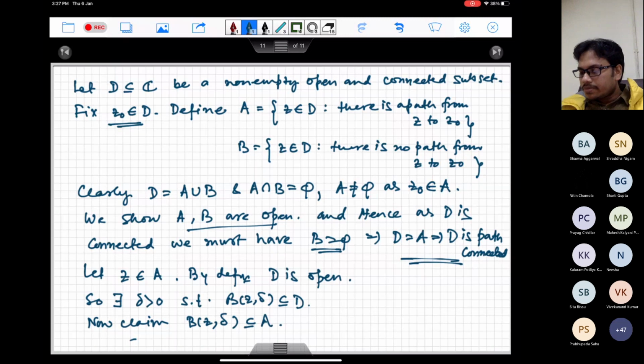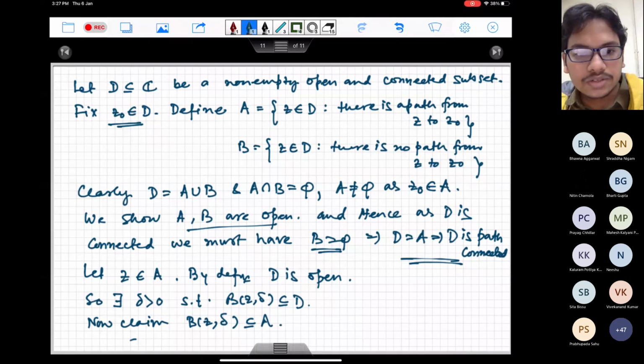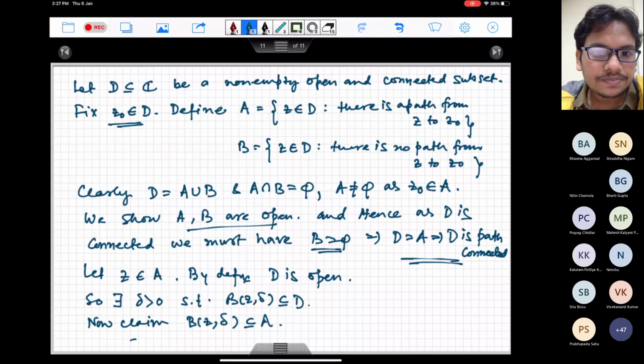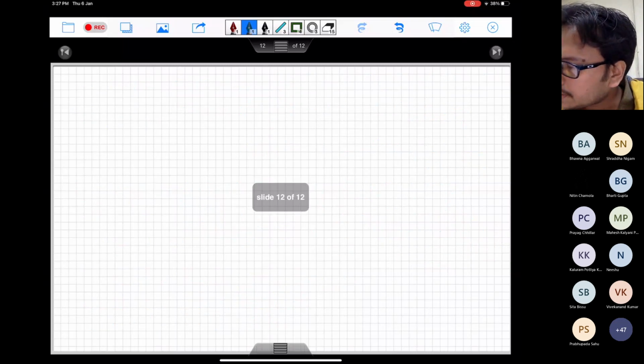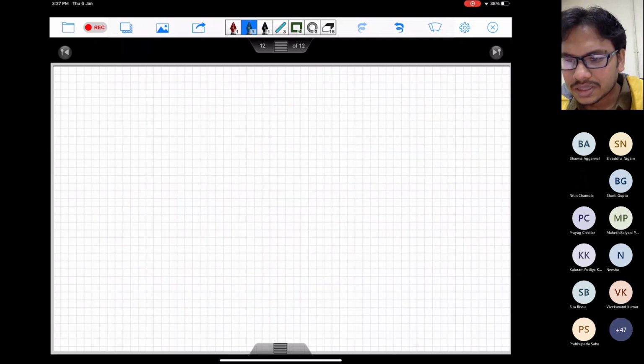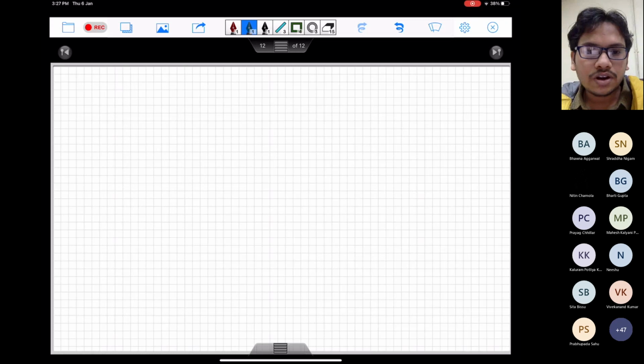Okay, why is B(Z, delta) a subset of A? Can you tell me quickly why this B(Z, delta) is going to be a subset of A? Sir, so A is open, so that belongs to A, because A is open. No, not because A is open.